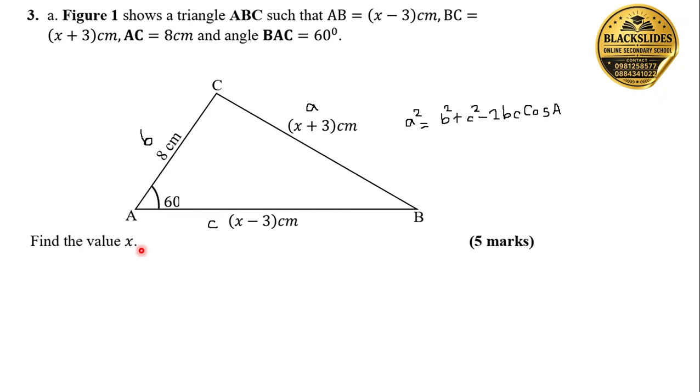The state of things will look like this: A is x plus 3 squared, B is 8, and C is x minus 3, minus 2 times 8 times x minus 3, and then cos of 60.